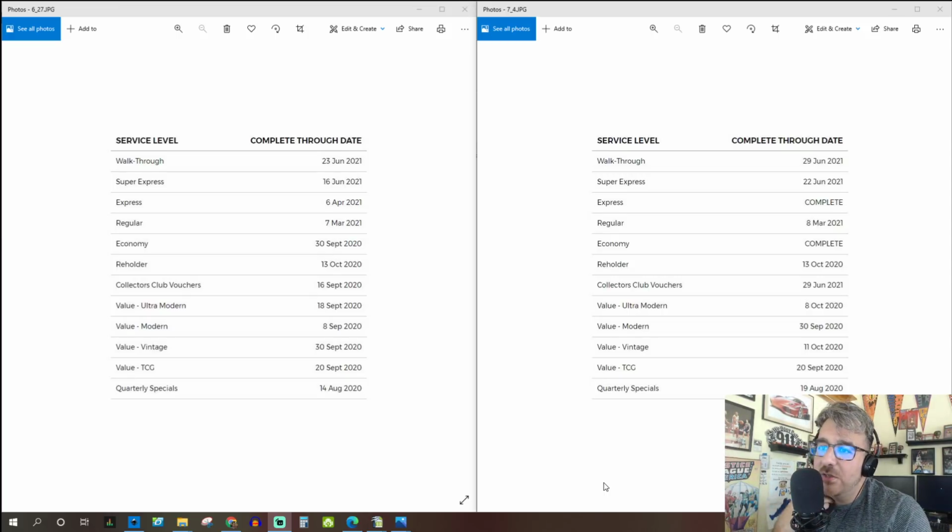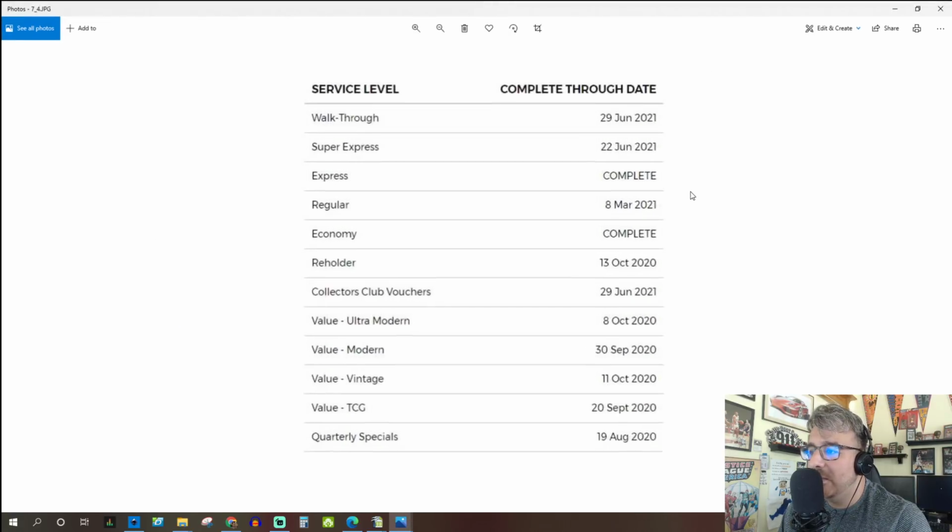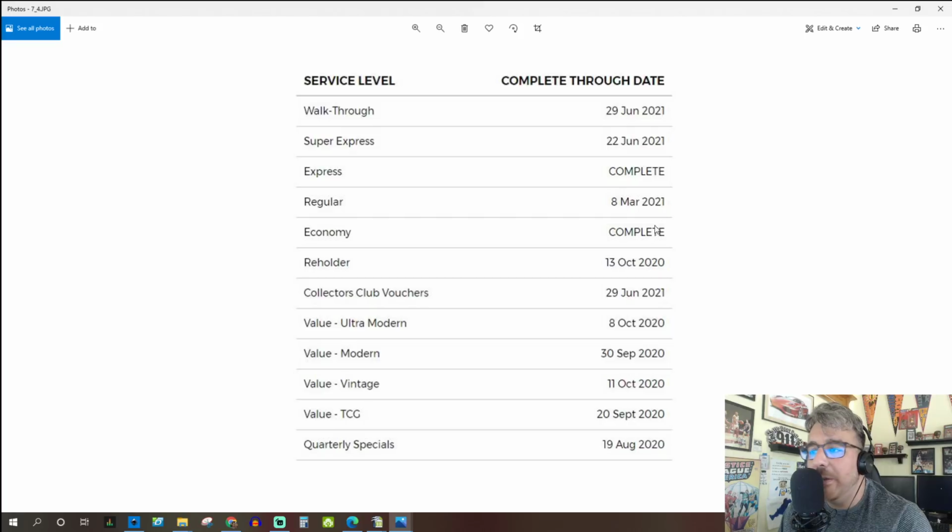But one of the things that's interesting is walkthroughs are just a couple of days. Super Express. I don't know what complete means. So it says Express is complete and economy is complete. I'm not sure what that means.